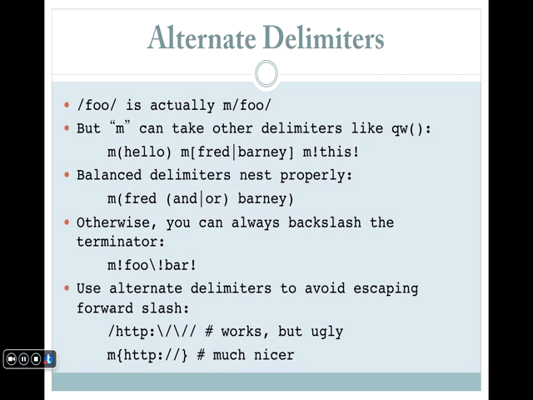The second version makes it easier and look nicer: curly bracket http://, I don't really have to escape delimiters, and then closing curly bracket. So explicitly I'm going to do a match with http://.